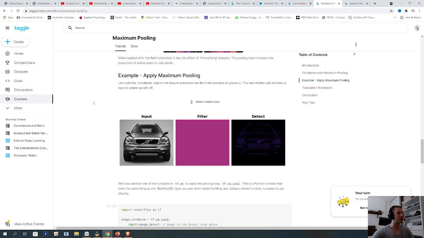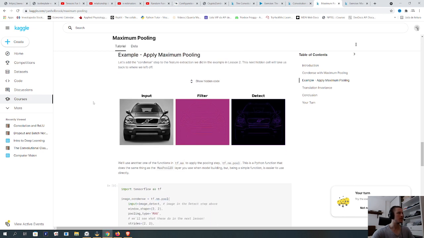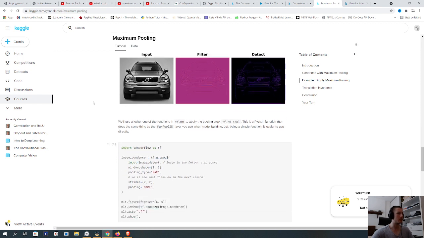Now let's apply maximum pooling. That is the condense step of the feature extraction we did in the example in lesson 2. This next hidden cell will take us back to where we left off. We use another one of the functions in tf.nn to apply the pooling step, tf.nn.pool.